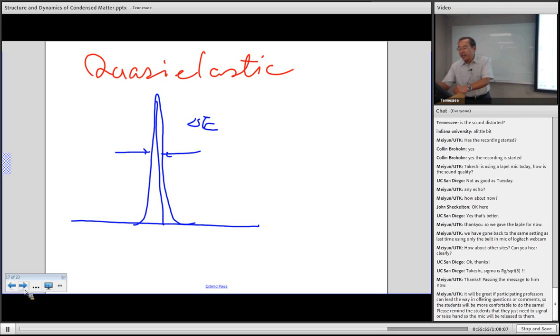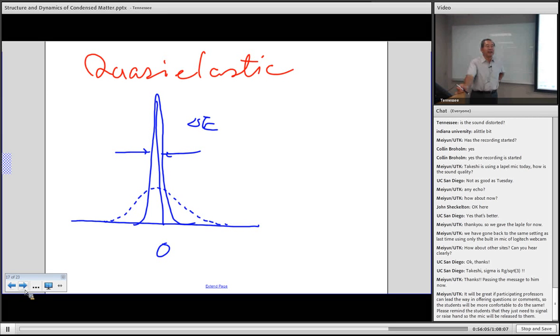And if you have a high enough resolution, what you see is an intensity like that. Okay, so the average transfer of energy is 0. Average is 0. But you do have some width, wider than elastic. Okay, so that is called quasi-elastic scattering.